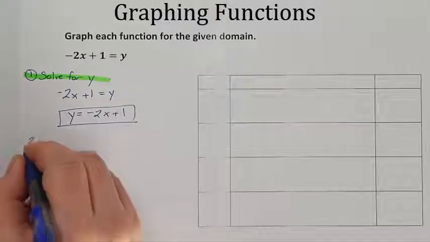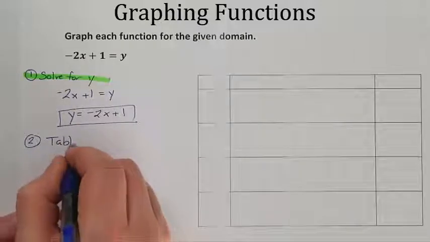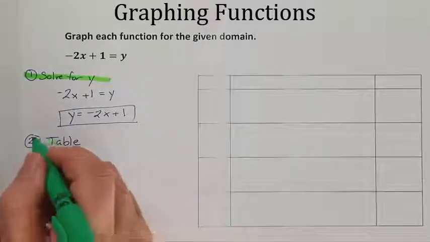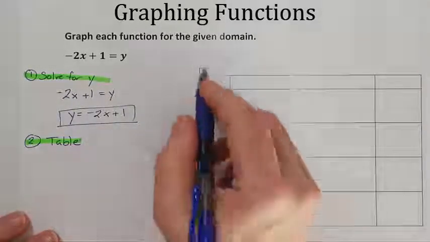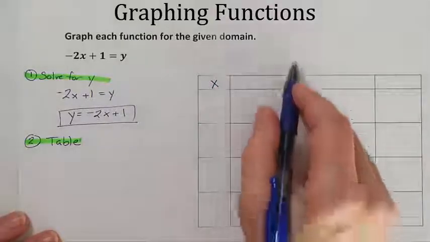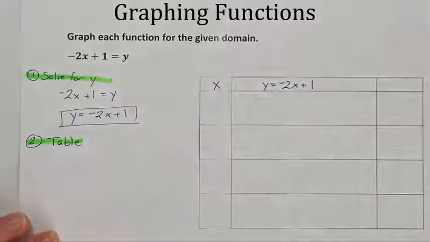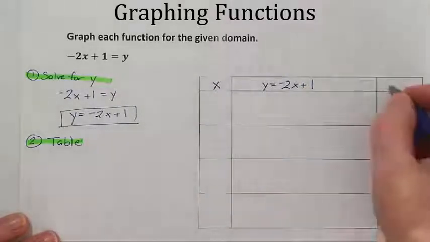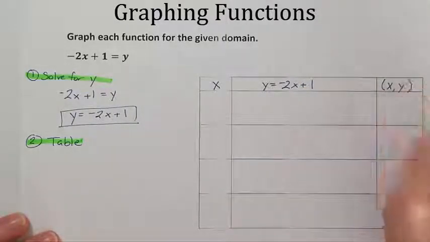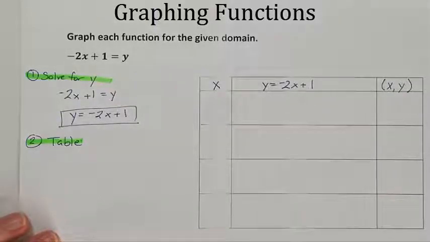So we're done with step 1. Step 2 is for you to fill out the table so we know what points we're supposed to plot. The first column is always our x's. The middle column is always the rule that we will be using. So y equals -2x plus 1. And the last column is always the xy coordinate point that we will be using to plot onto the graph paper.